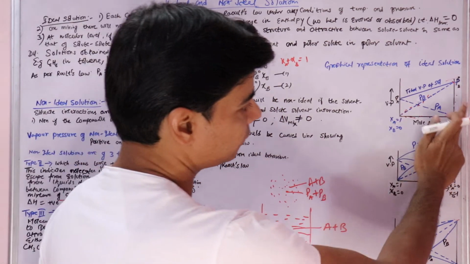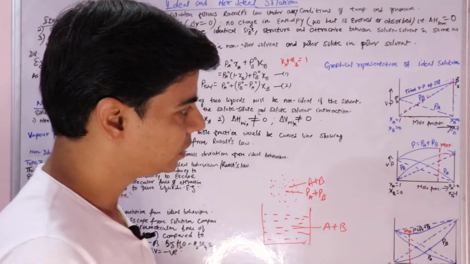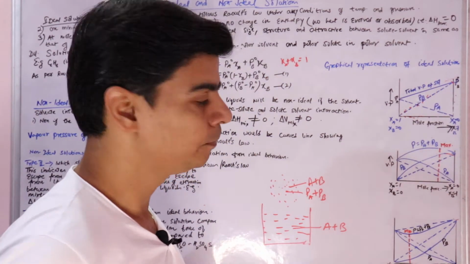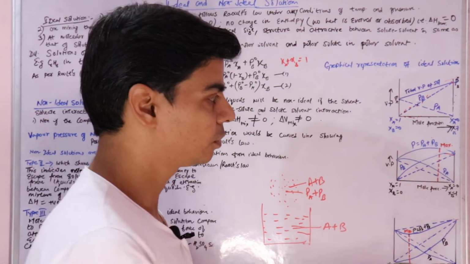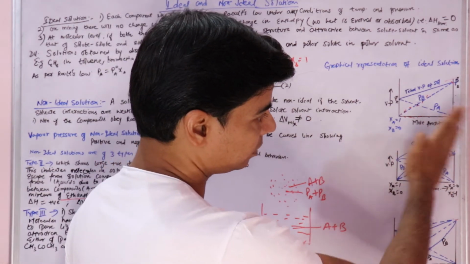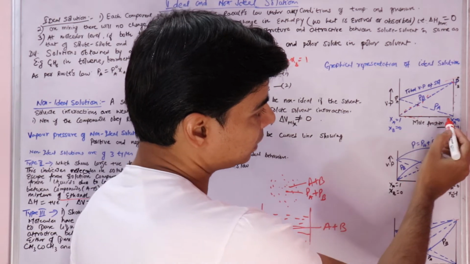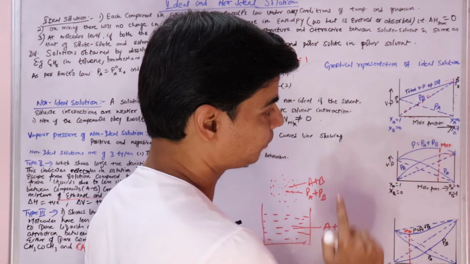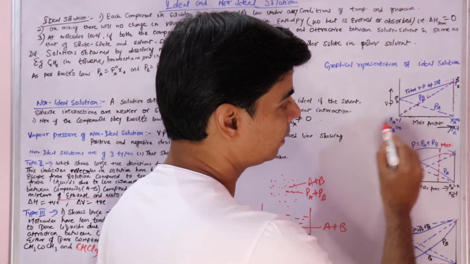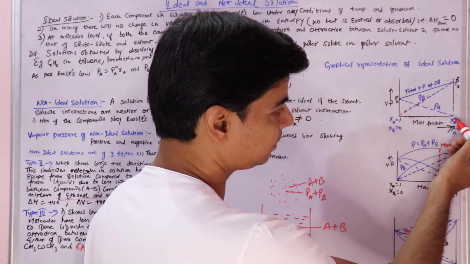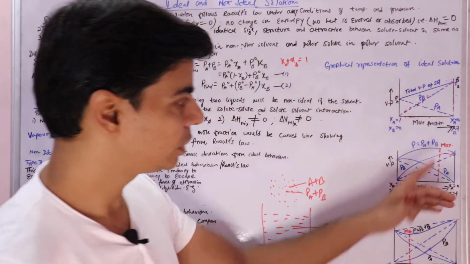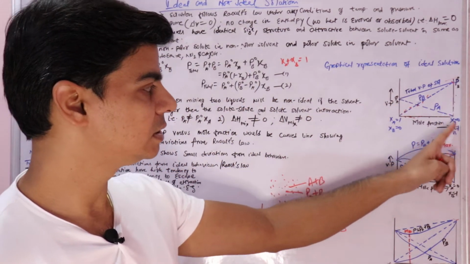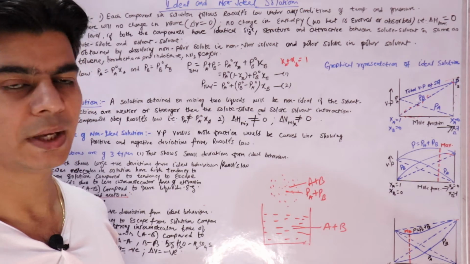Similarly, if we start from here, let's say we start with pure liquid B, and if we keep increasing the mole concentration of A, towards left, we see the graph between XA and PA, because XA is 0 here, so we are increasing XA.